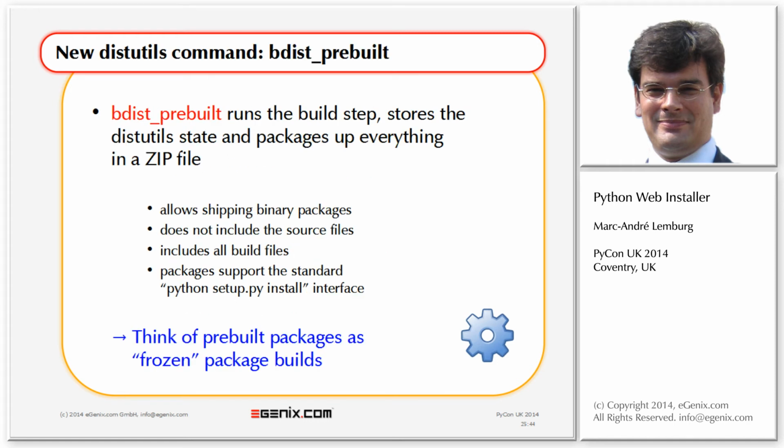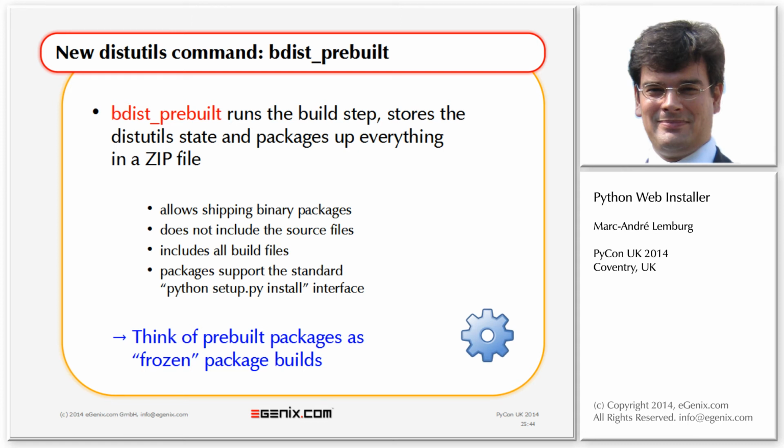Right, what is a pre-built package? Because we found that many of these binary formats that were out there didn't really work for us, we decided to do something different. And what we did is we ran distutils to build the package, and right after building it, we saved the state of distutils at that point and put the state into a pickle. And we added the pickle to the package file together with all the build files.